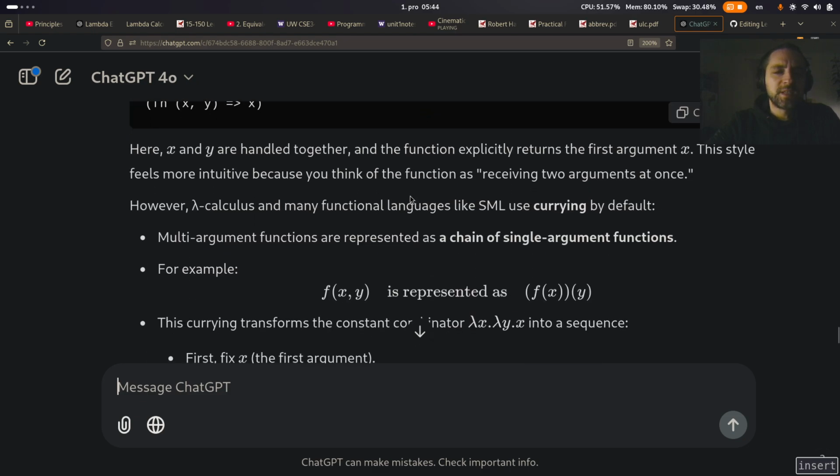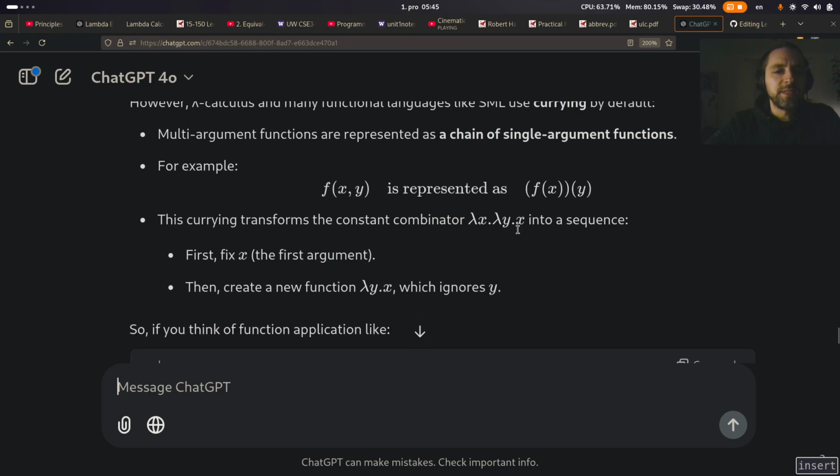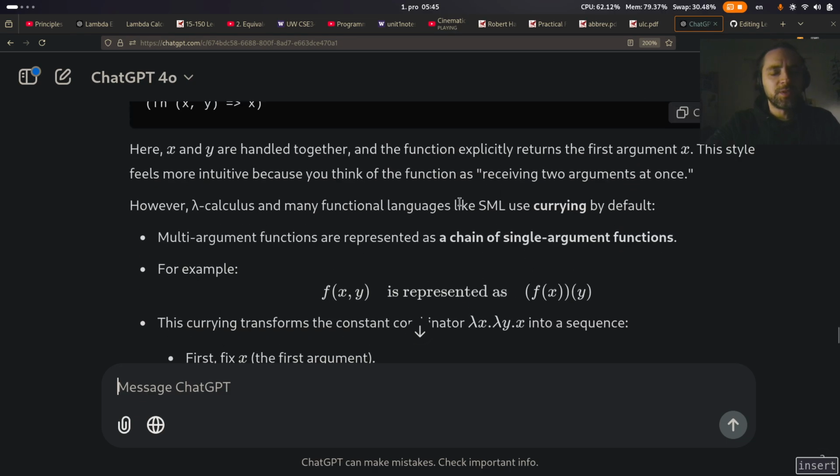So it's not just that it represents the evaluation in the correct form, but also receiving the two arguments does not happen at the same time.